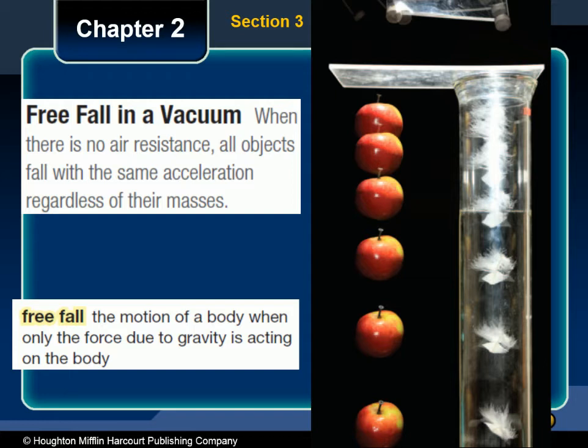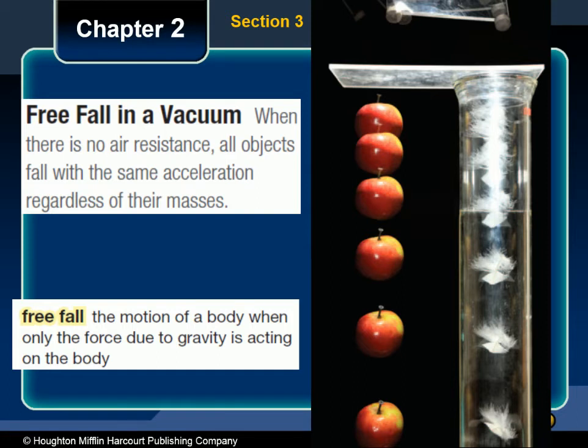Compare the displacement between the first and the second images to the displacement between the second and third images. As you can see, within each time interval, the displacement of the feather increased by the same amount as the displacement of the apple. Because the time intervals are the same, we know that the velocity of each object is increasing by the same amount in each time interval.